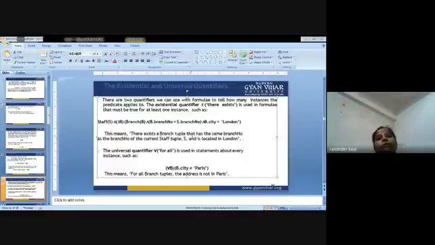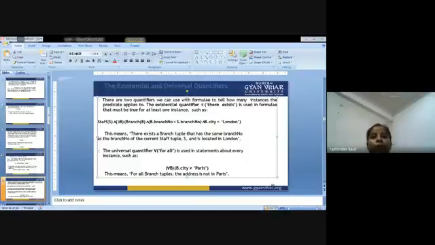So next are the existential and universal quantifiers that we are supposed to use.